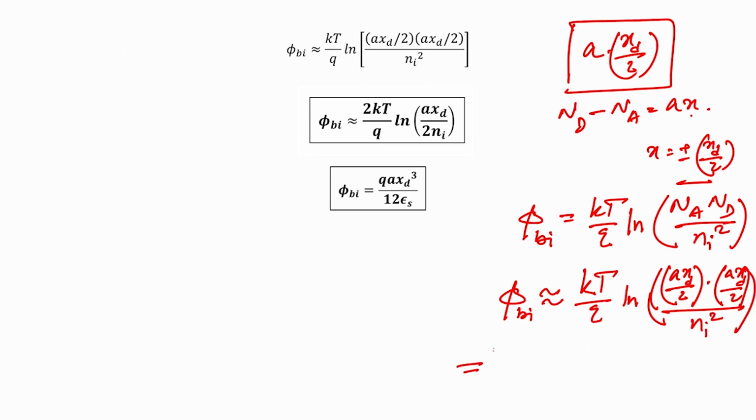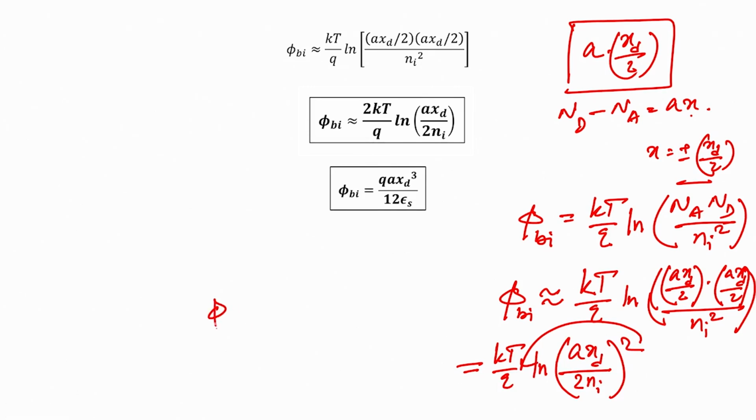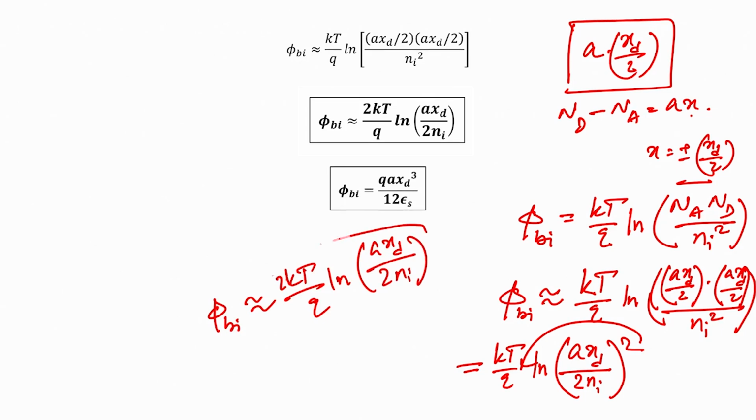So this will be equal to kT by q ln of A xd by 2 Ni, whole square. So just take this 2 out. So now your built-in potential will be nearly equal to 2 kT by q ln of A xd by 2 Ni. So this is another relation.